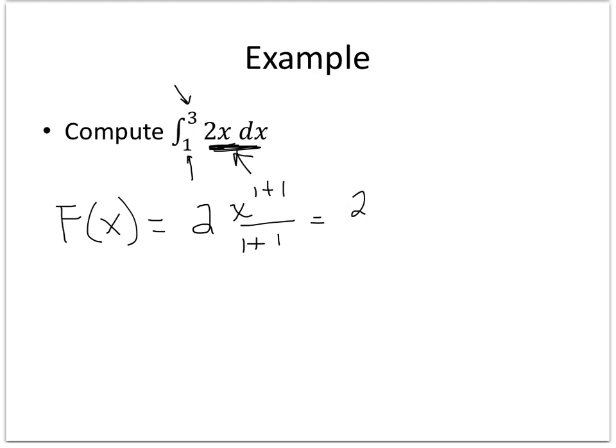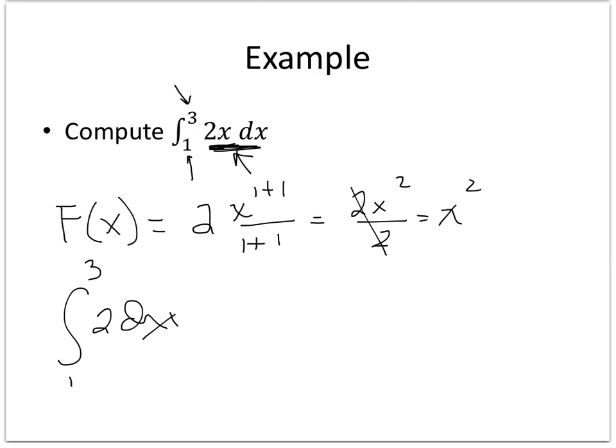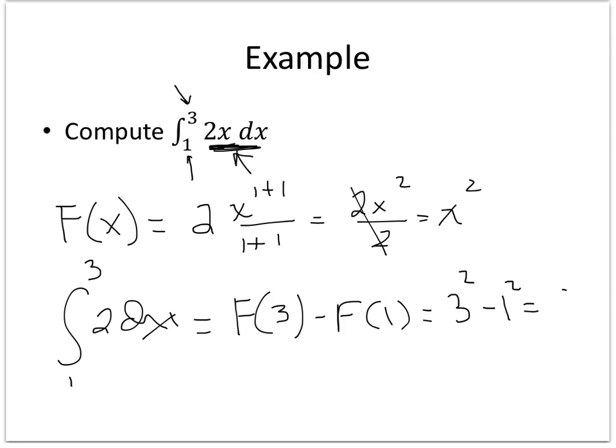So this would be 2x squared over 2, which would cancel and just give me x squared. So the integral from 1 to 3 of 2x dx would equal F of 3 minus F of 1. We just found F of x, so I simply plug in 3 squared minus 1 squared, and that gives me my actual area. That's all I'm doing, plugging these values into my antiderivative.